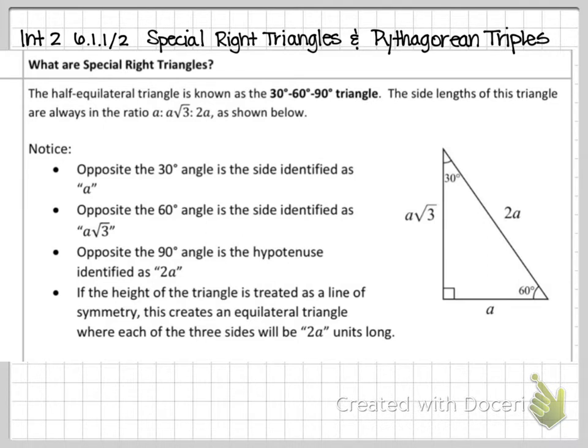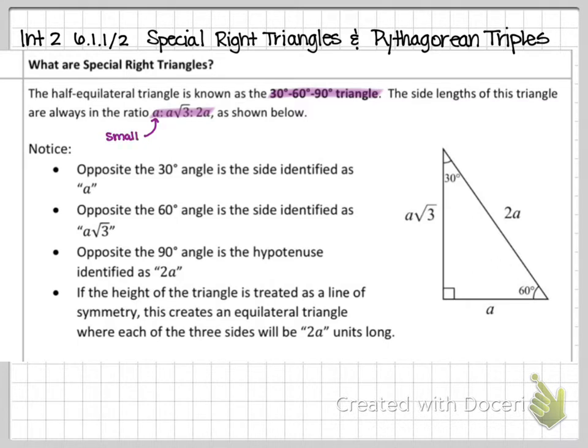Now, there are only two special right triangles, one of which is the 30, 60, 90. So we're going to focus on the 30, 60, 90 triangle first. The ratio that we use is A, A root 3, and 2A. That's also in ascending order of size. So A itself is the small side.